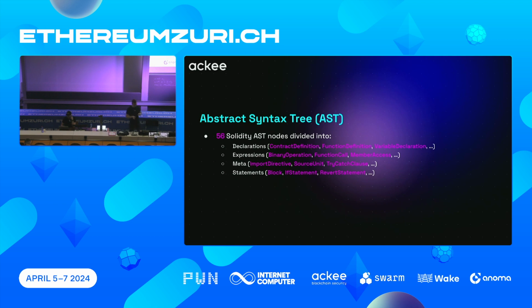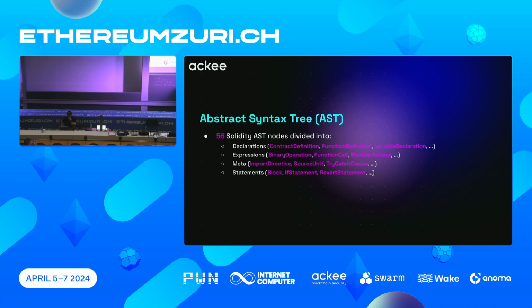The basic structure usually is that there's the source unit, as I promised, which is the root of the tree. Typically there are some meta nodes like imports and things like that. Then there's the contract definition.